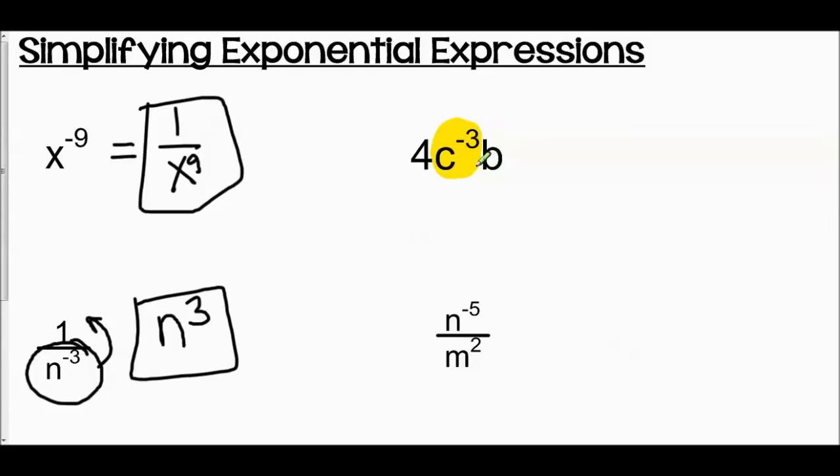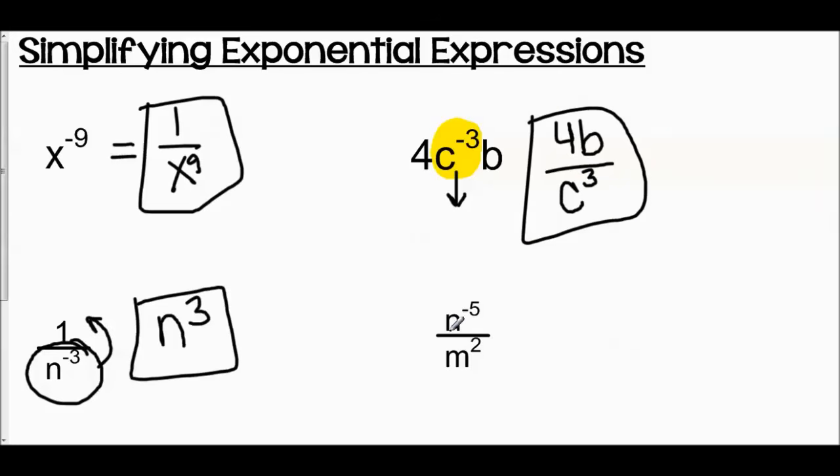If you want to keep a highlighter at your desk like I just did and highlight what base that exponent is being applied to, that is completely fine. So that c to the negative third is going to be pushed down as c to the third. 4 and b, nothing happened to that, so it is staying up in the numerator. So 4b stays on top and c to the third goes to the bottom.